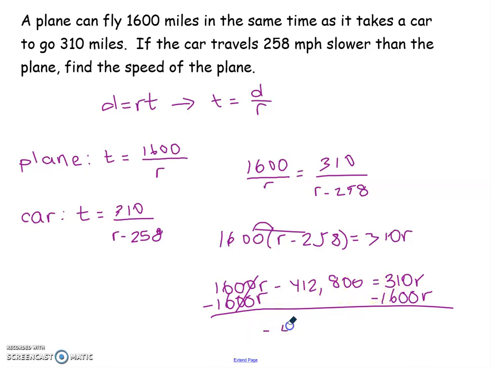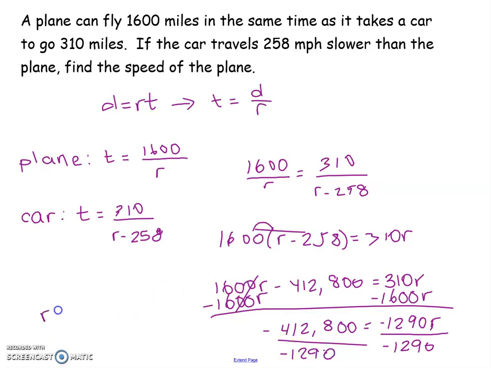So we have negative 412,800 equals negative 1,290r. So now we want to solve for r. So we're going to divide both sides by negative 1,290. And then we end up with r, which is equal to 320.